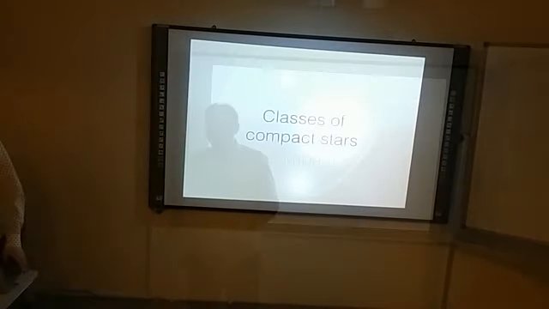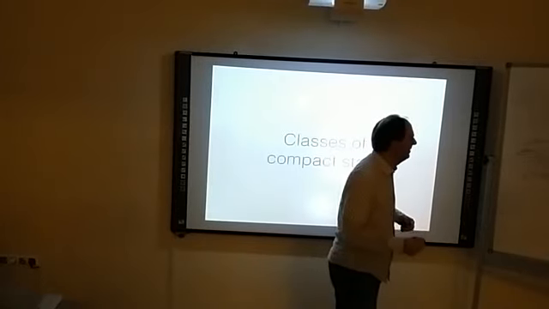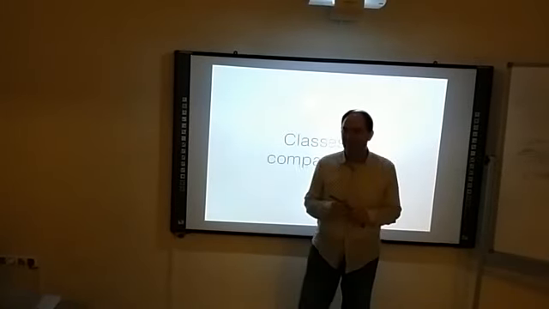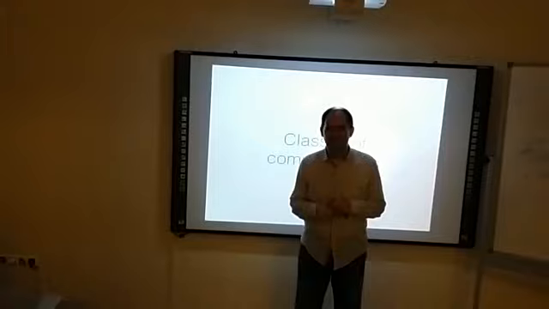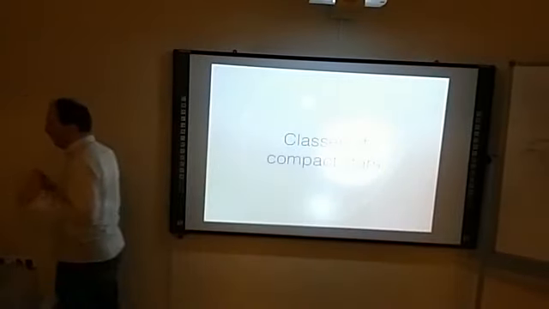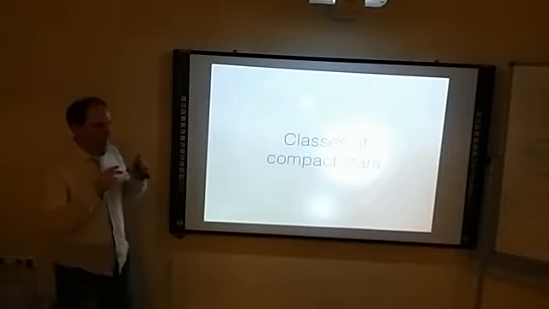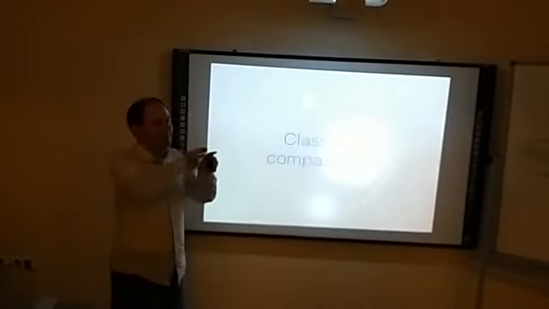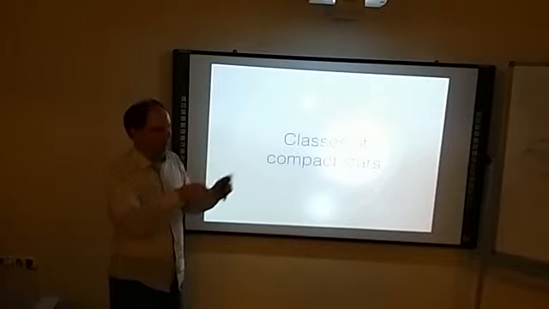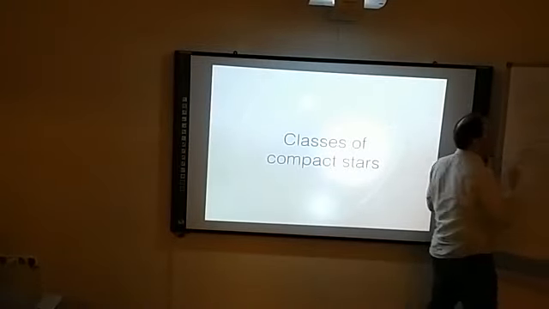Okay, let's continue. Since someone just asked me a question, I think I should clarify this point, because maybe what I said wasn't really clear. When I said before that the equation of state depends on the entire Fermi surface, so when you compute the equation of state, you integrate over all the states in the Fermi surface.